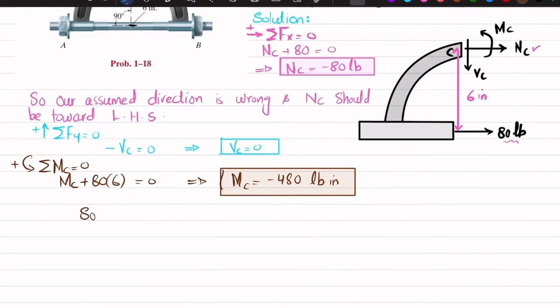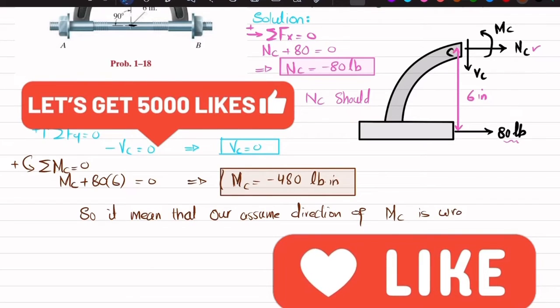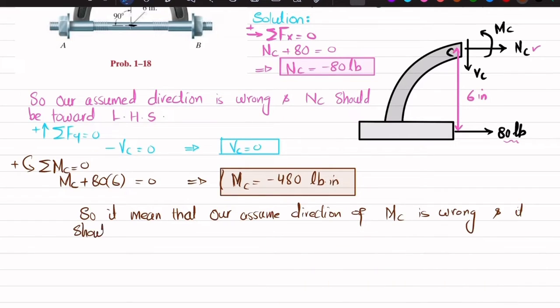So it means that our assumed direction of MC is wrong, and it should be in clockwise direction to keep it in equilibrium.